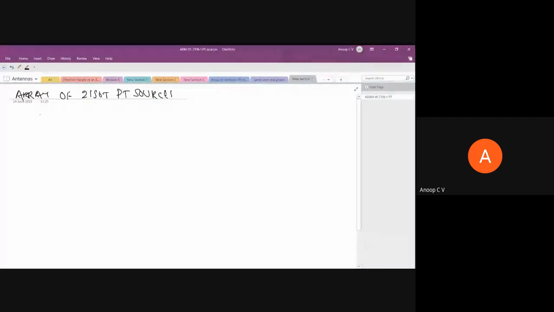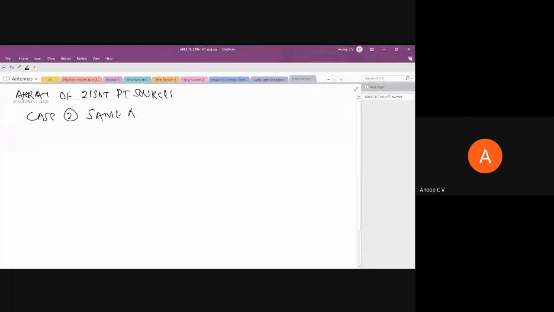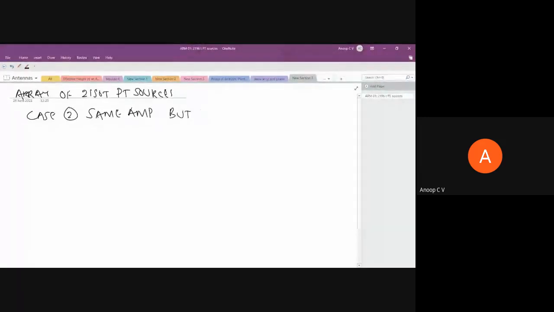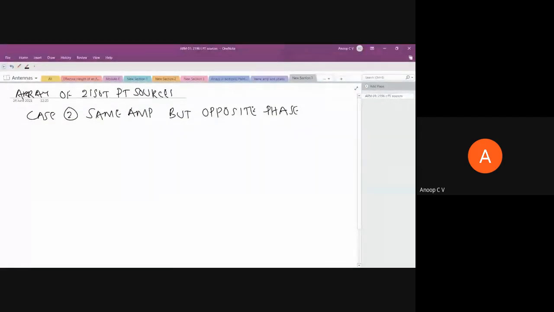Case 2 is same amplitude, but opposite phase. Same amplitude, but opposite phase. So this is the case.